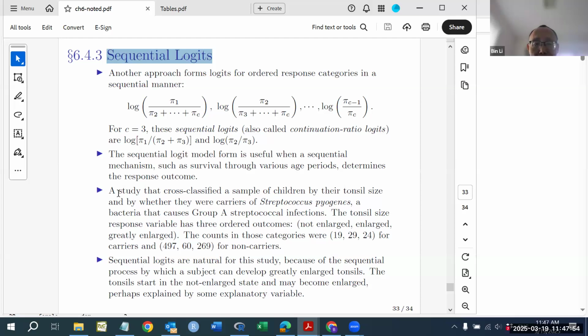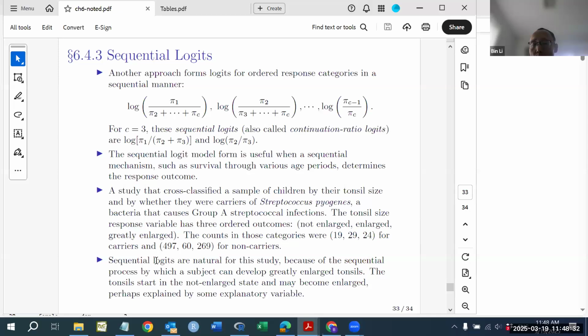So let's see an example. This is a study that cross-classified a sample of children by their tonsil size and whether they were carriers of a certain bacteria. The tonsil size is the response, with three ordered outcomes: not enlarged, enlarged, and greatly enlarged. The counts in those categories are 19, 29, 24 for the carriers, and these for the non-carriers.